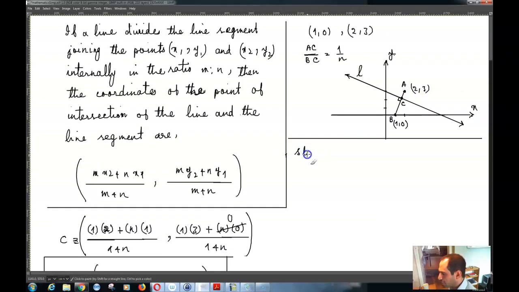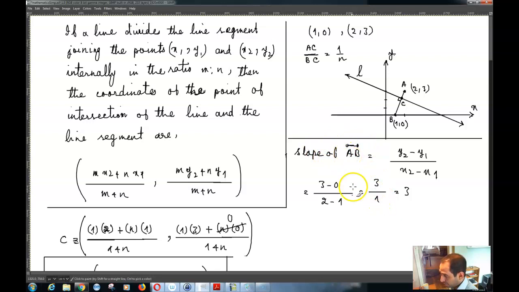So the slope of the line segment AB is equal to basically y2 minus y1 over x2 minus x1, and these are the points. So you can write it as 3 minus 0 over 2 minus 1, which is equal to 3 over 1, which is equal to 3.